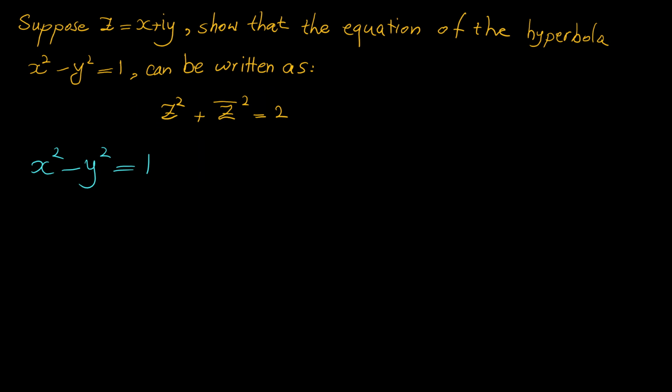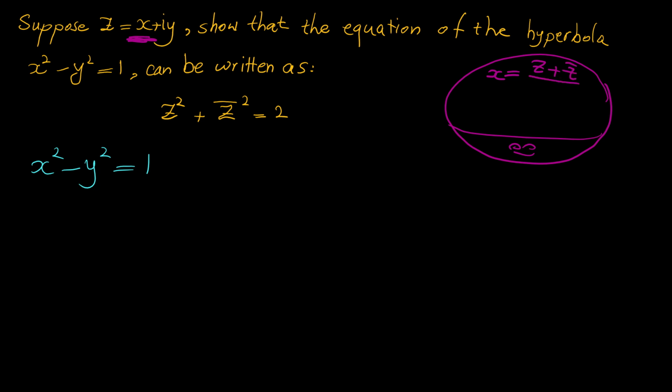Again, similar to the previous question, we remember this important relation. We remember that x, or real part of a complex number, is z plus conjugate of z divided by 2. Real of z is x. This is a very famous relation.